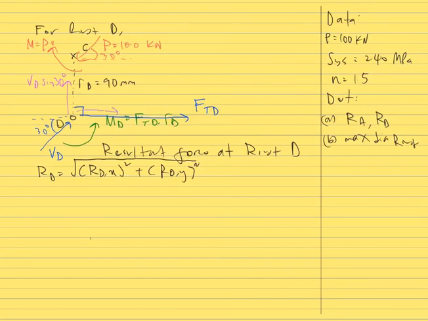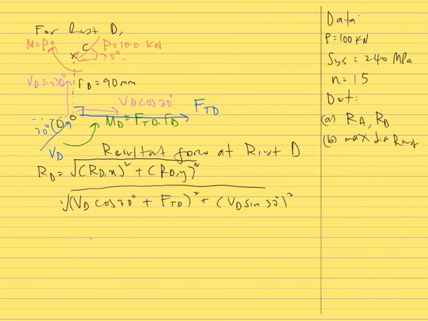So on Y component is VD sin 30, and then on X component is VD cos 30 degree. So on X component we have VD cos 30 plus FTD square, and then on Y component we have VD sin 30 degree square, so square root. Next we put the value.